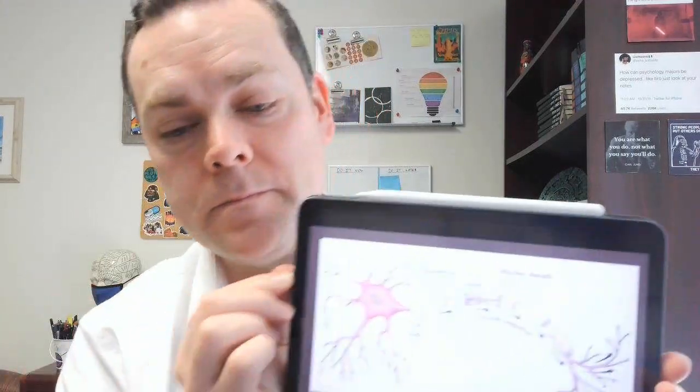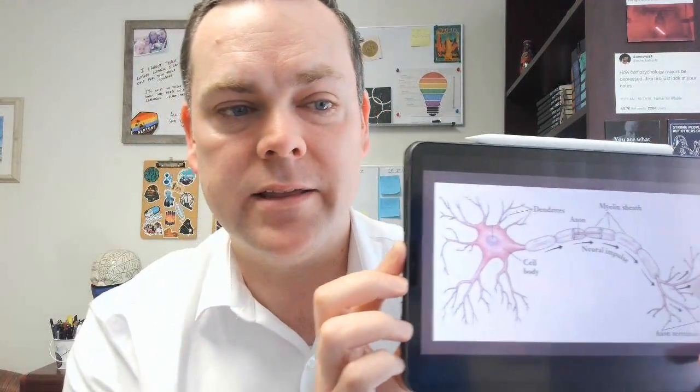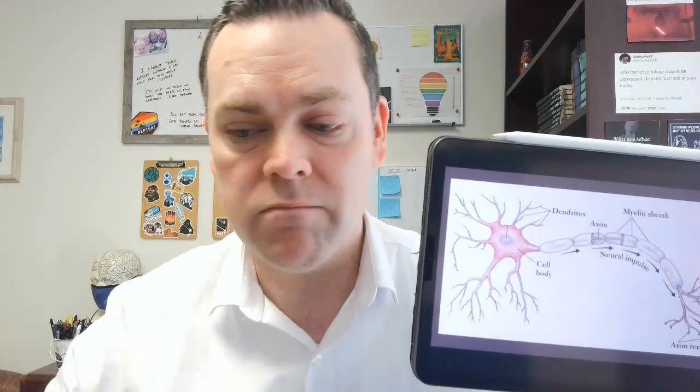From there, it's going to go over to the cell body. The cell body is like the mini brain of each neuron. It keeps everything running and maintained. From the cell body, it extends out in what we call the axon.